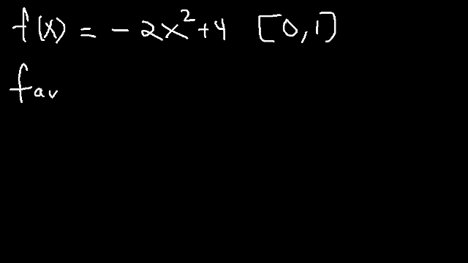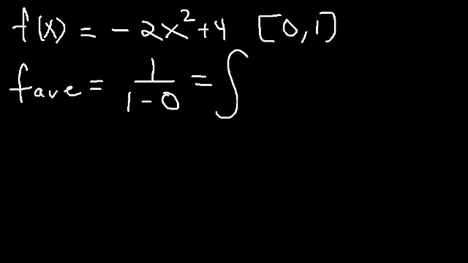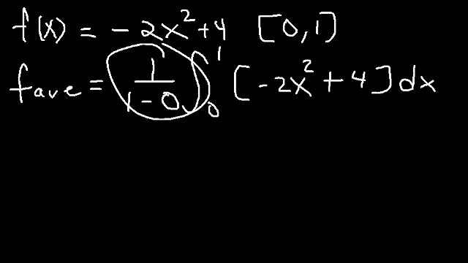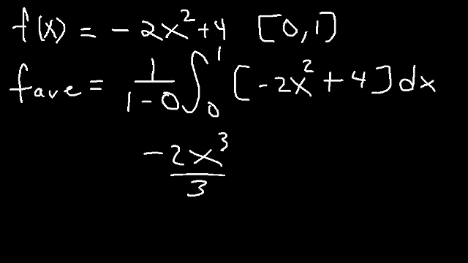So the average value is going to be 1 over b minus a, which is 1 over 1 minus 0. Antiderivative from 0 to 1 of negative 2x squared plus 4 dx. So the 1 is simply 1, we could just ignore that. The antiderivative of negative 2x squared is negative 2x to the third power divided by 3, plus 4x.